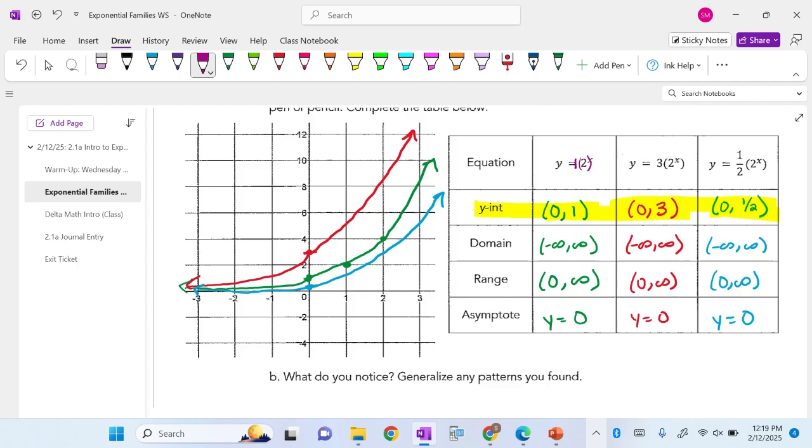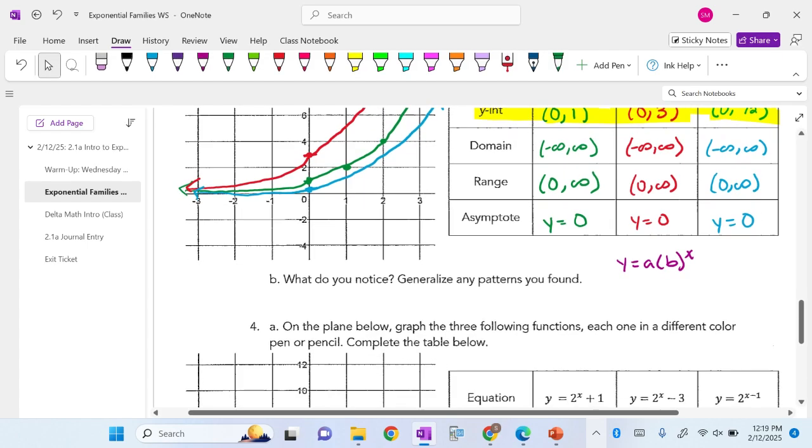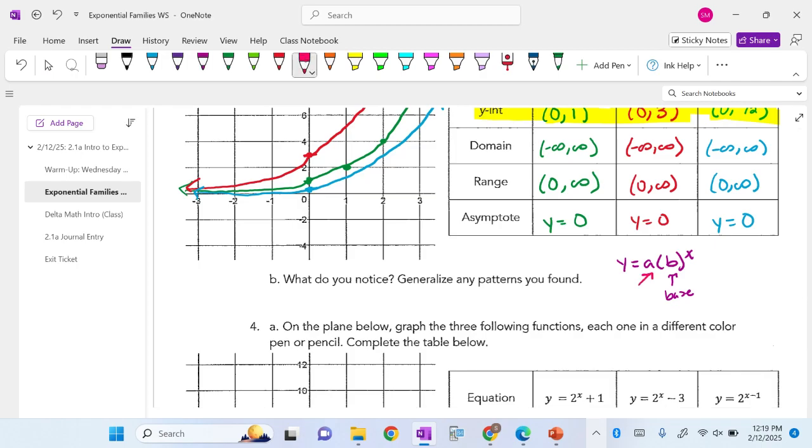So when we were talking about y equals a times b to the x, we said that b was its base, and a, in this case, actually represents its y-intercept.